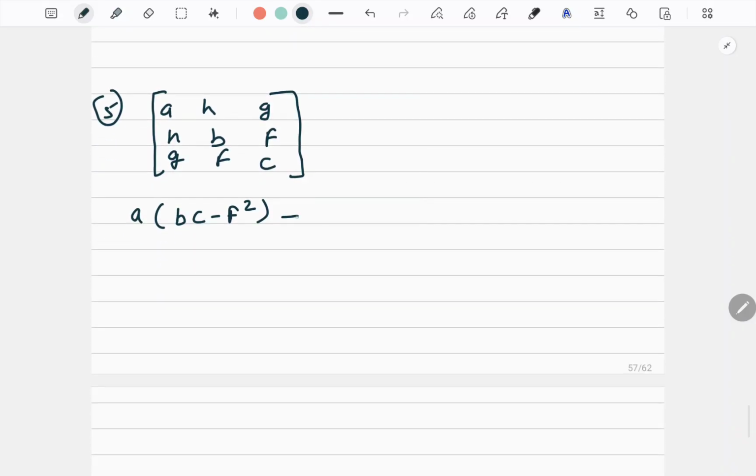Now here minus h, which will give me hc minus fg, plus g, so it will give me hf minus gb. So this will be the determinant value.